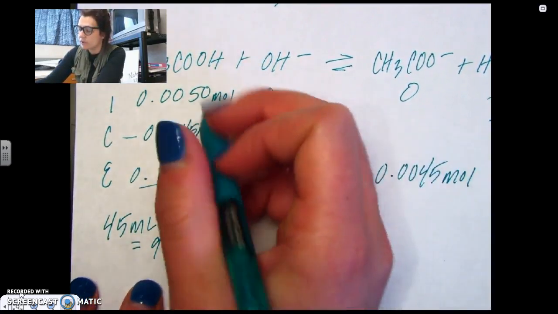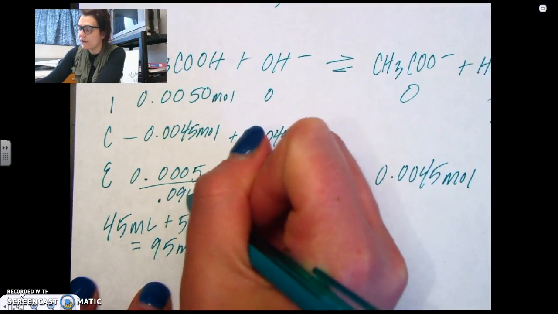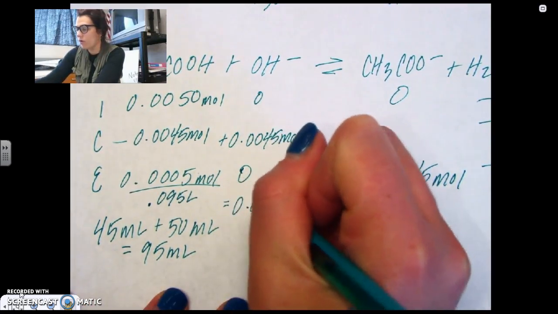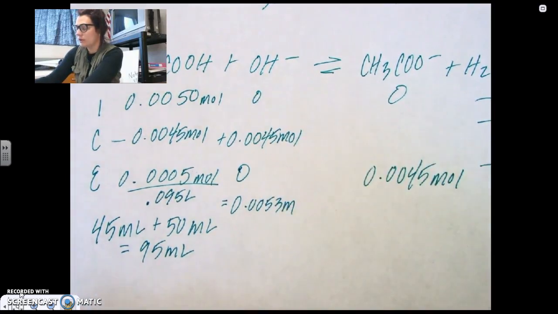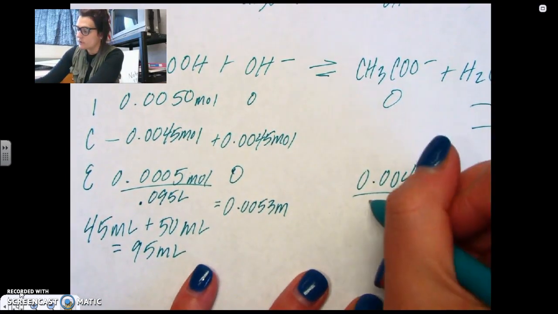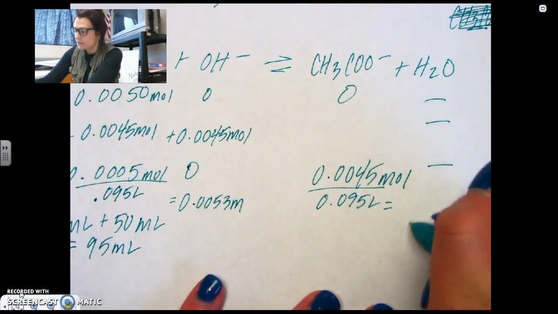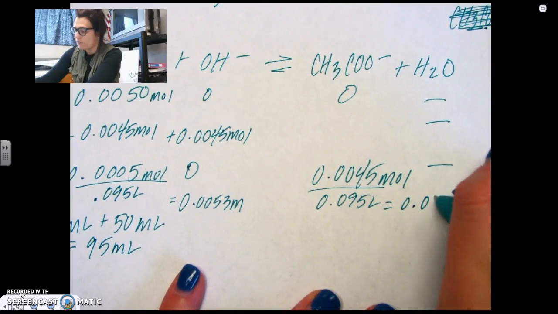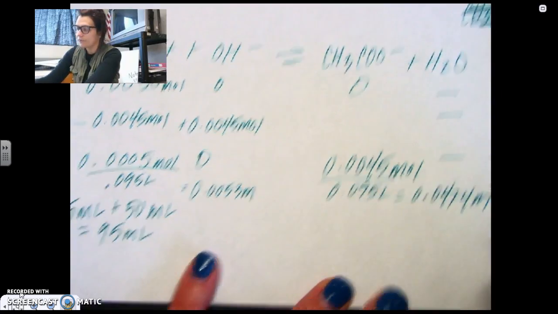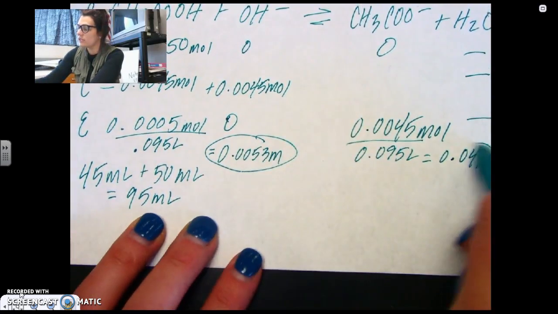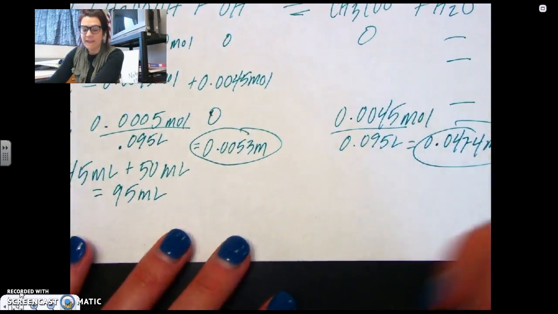To solve for this molarity, I divide by 0.095 liters, which means my new molarity is 0.0053 molar. Then I do the same thing here, and my new molarity is 0.0474 molar.